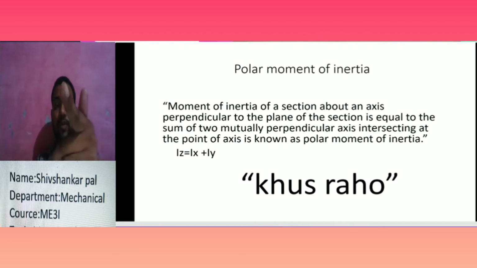That is known as the polar moment of inertia. Simply, the moment of inertia about the z axis equals the moment of inertia about the x axis plus the moment of inertia about the y axis. That is clear. Mathematically, Iz equals Ix plus Iy. So that is the last lecture.